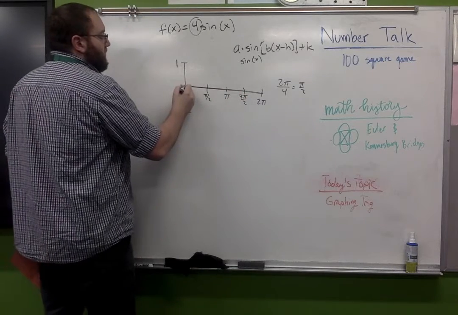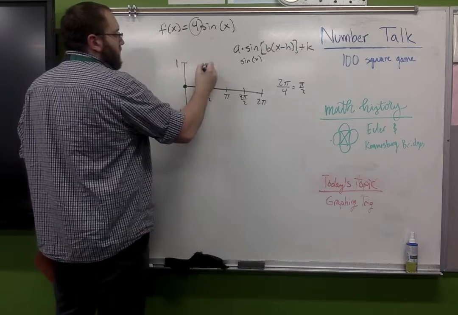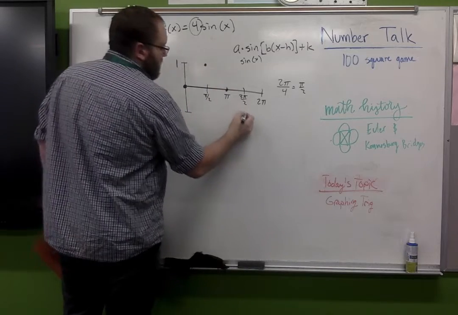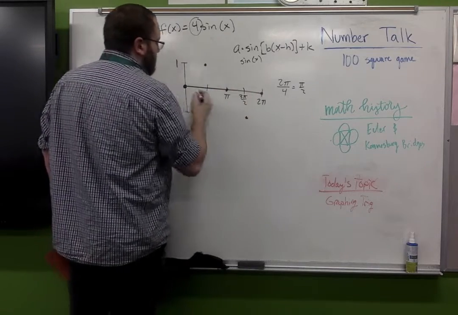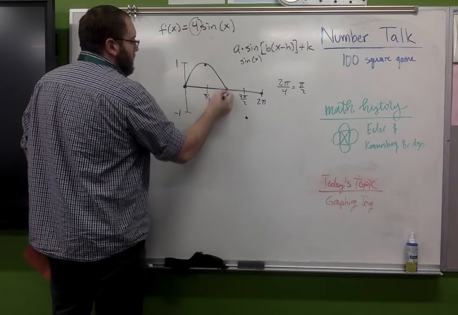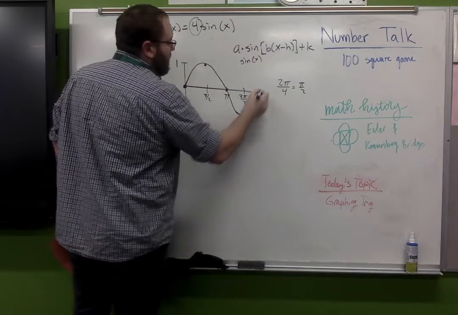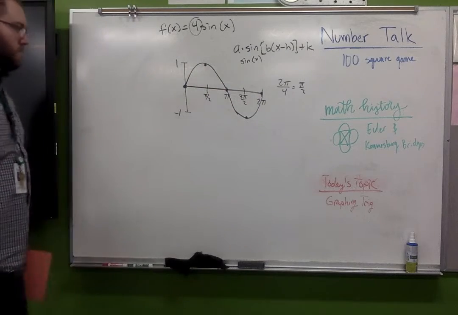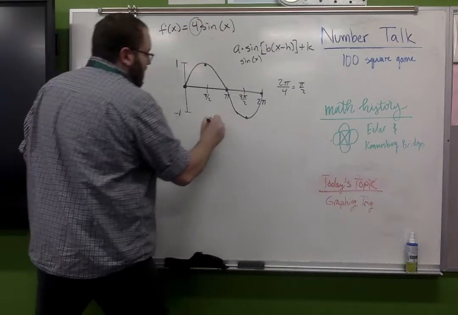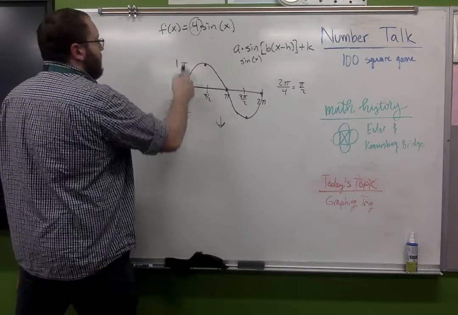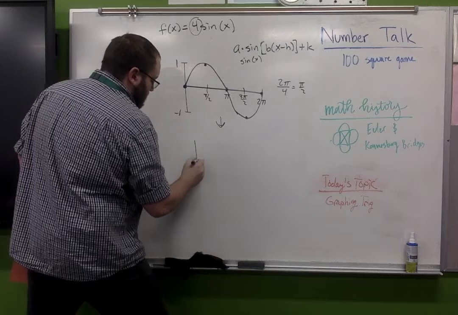Sine at 0 starts at 0, and it goes up to 1, down to 0, down to negative 1, back up to 0. There's your parent function. Now, I'm going to take the parent function and do the amplitude transformation.